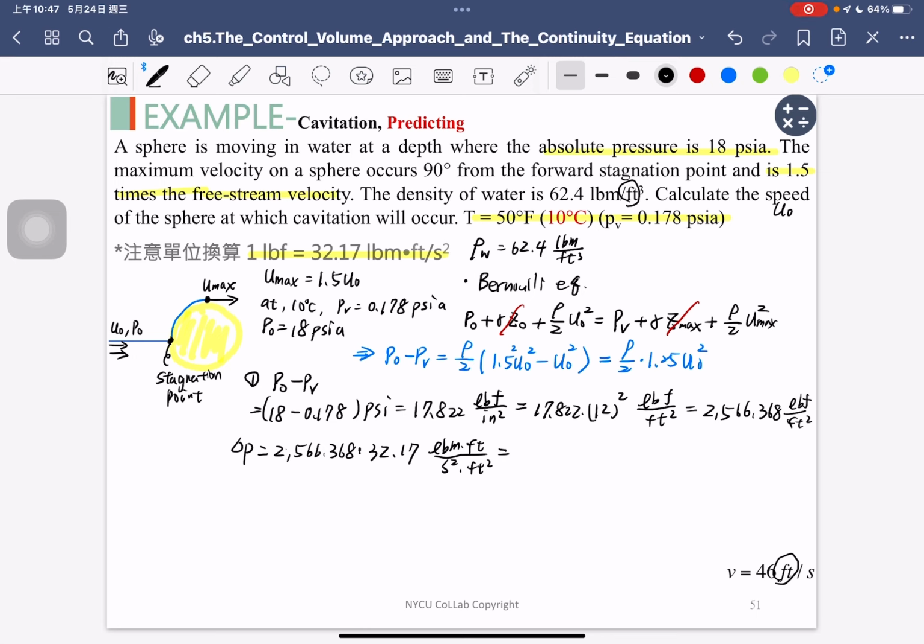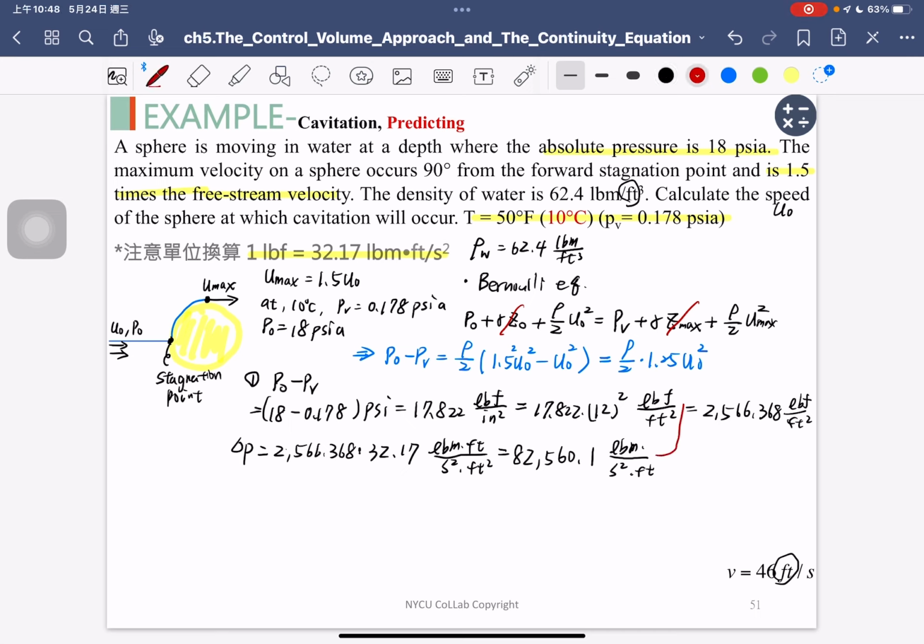Based on my calculator, it's equal to 82560.1, and the unit is pound mass divided by second square and FT. Okay, this is our delta P.